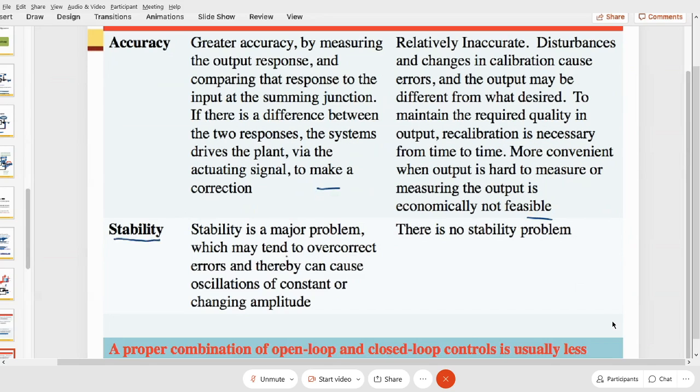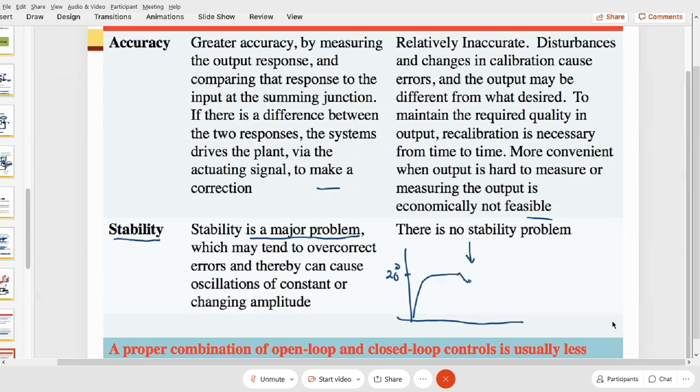Stability for the closed loop system is a major problem. Why do we say stability is a major problem? Because the system is always changing, trying to correct the difference. If we set the temperature at 20 degrees, your system will try to go to 20 degrees, but if there is any disturbance, your system will be disturbed.